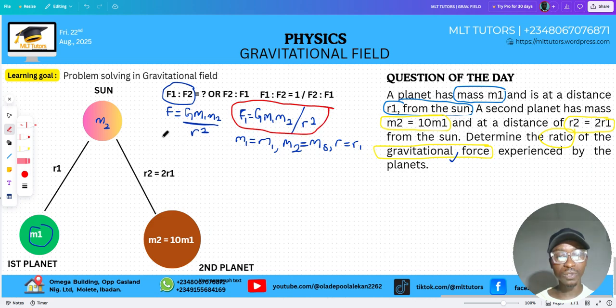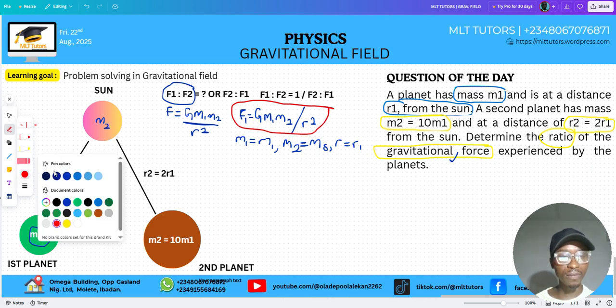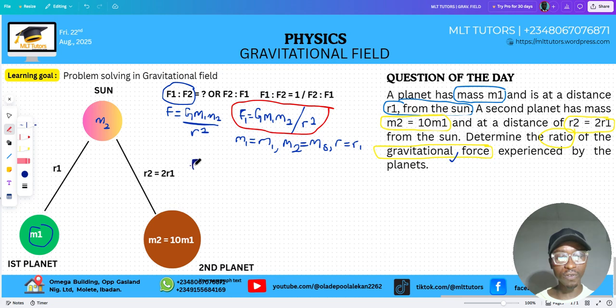So we substitute, then we have F1, which is the force of attraction on the first planet, equals the mass of the first planet, which we have declared to be m1, multiplied by m2, that is the mass of the sun, which we have declared to be ms, and the distance between the sun and the first planet is represented by r1. So let's call this equation 1.